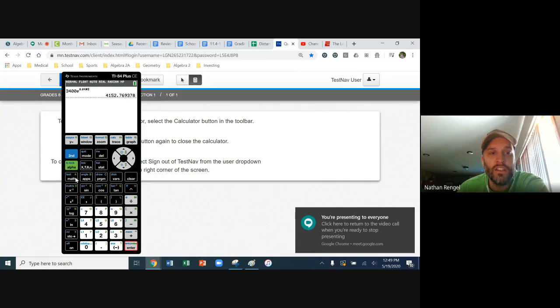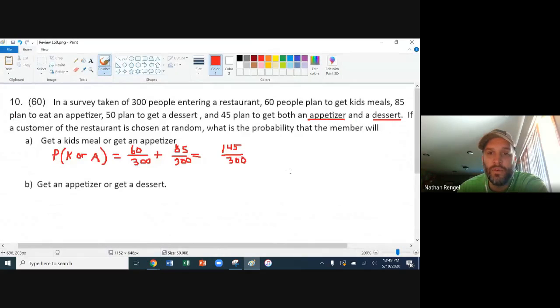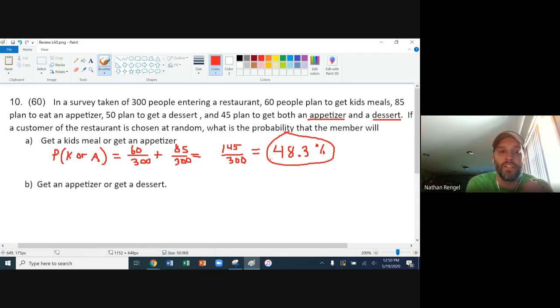And you can take 145 and divide by 300. 145 divided by 300 gives us our percent, 48.3%. And we'll go back and look. It doesn't say what we need to round to, so we'll just say this is 48.3%. So about half the people would get a kid's meal or an appetizer.